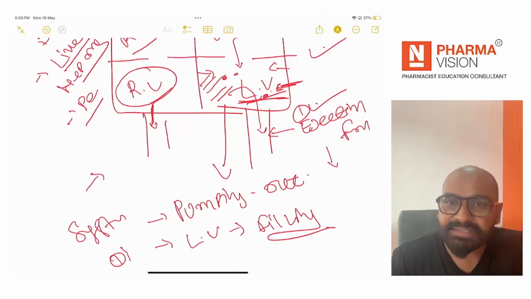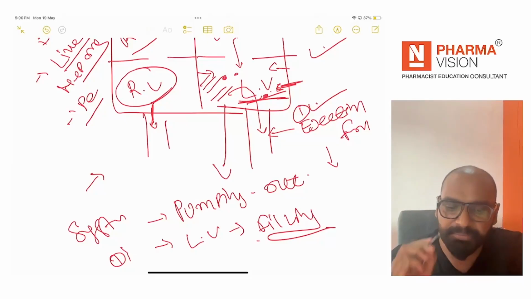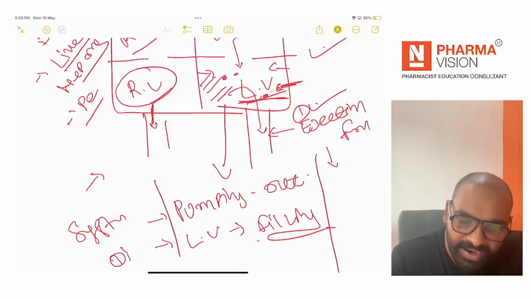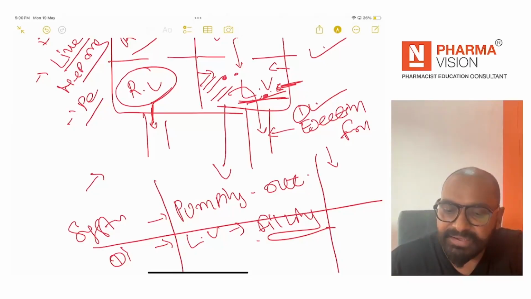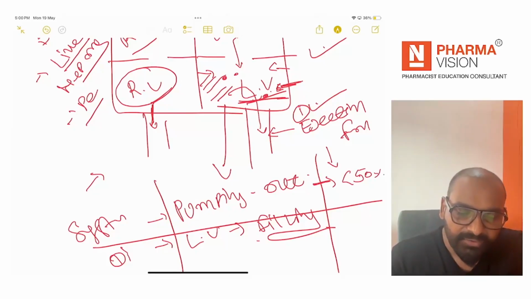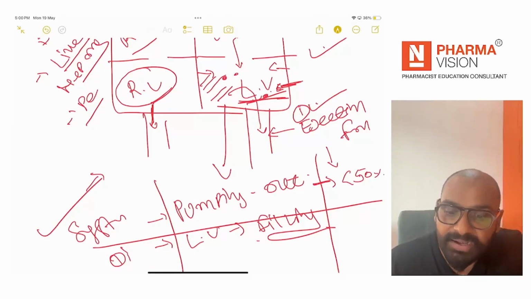Okay, so that's the filling-related problems or pumping-related problems. Based upon that, they clearly define the ejection fraction as less than 50% of the normal. So this is one type of heart failure. Nowadays they are not using terms like left ventricular failure or systolic heart failure.